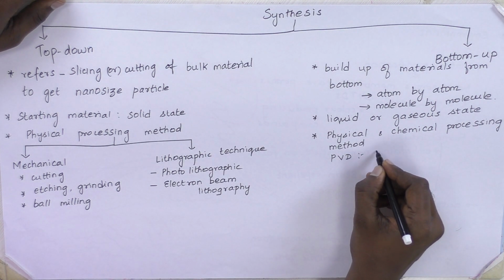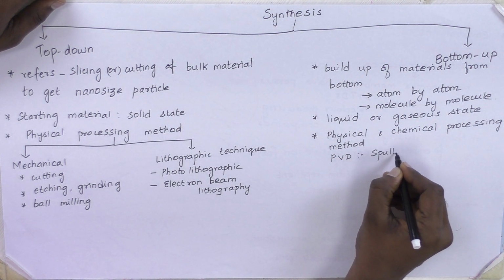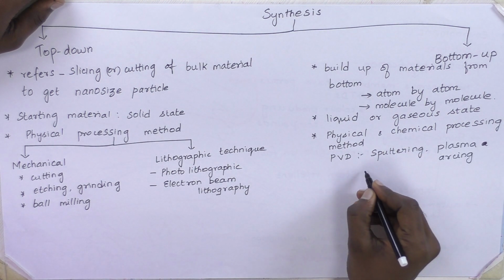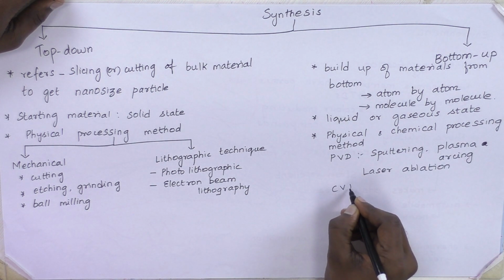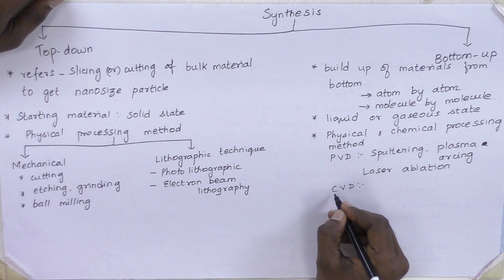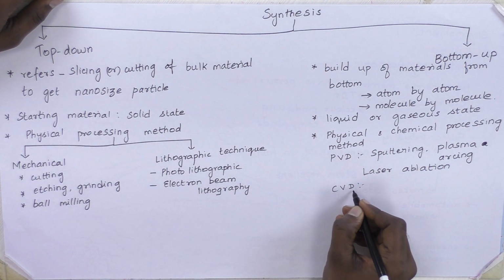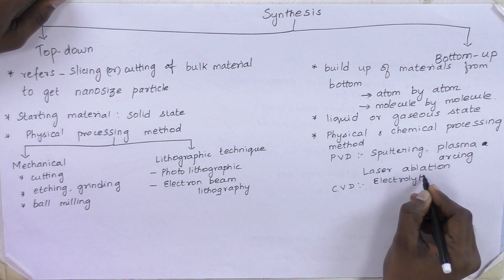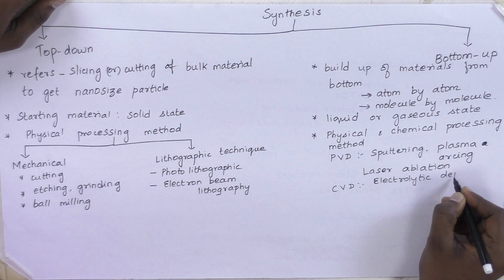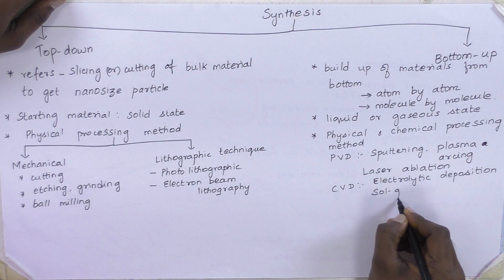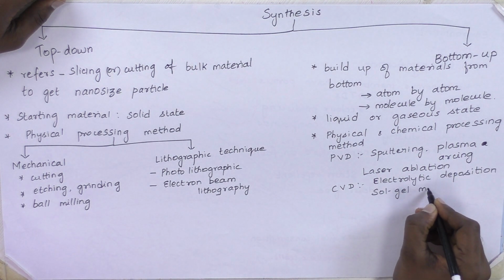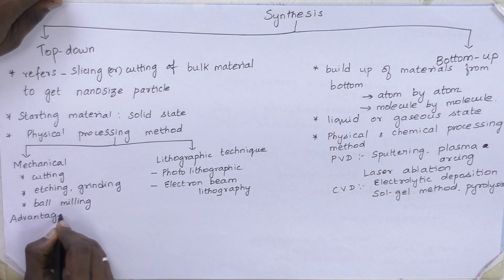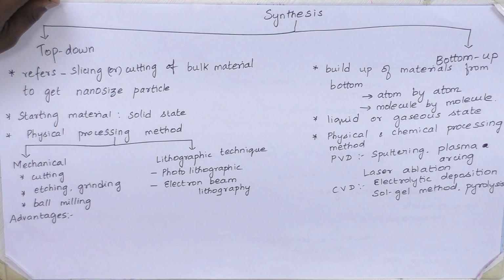This method involves sputtering, plasma arcing, laser ablation. Chemical vapor deposition is abbreviated as CVD. Here it involves electrolytic deposition, sol gel method, pyrolysis. Okay, what are the advantages of top-down method?